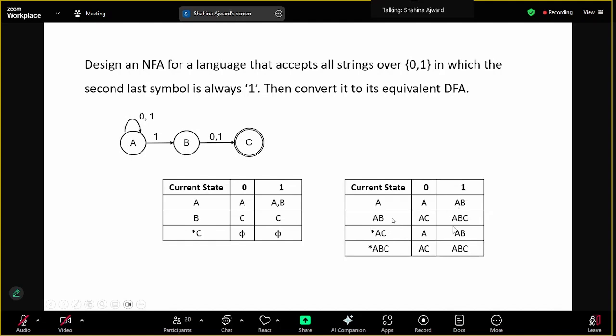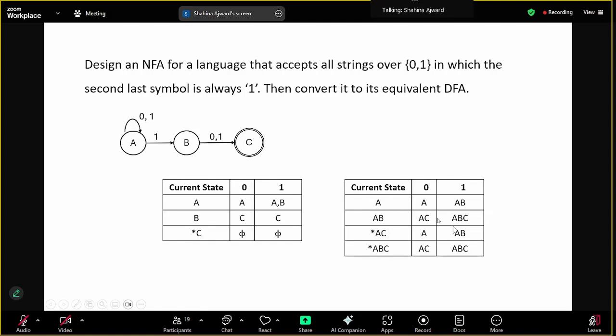For the AB, we come to the NFA table and check how it works, right? For the AB, that means you have to check A and B both, right? Union of A and B, so either A or B. Now for the input symbol 0, it goes to A or C, right?